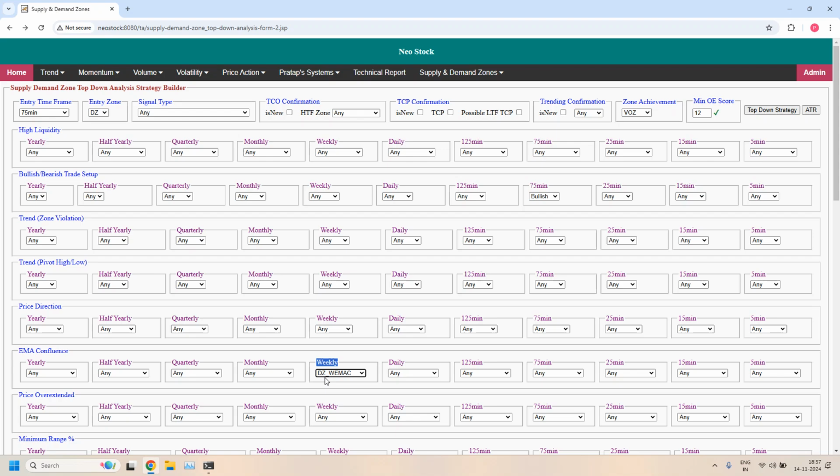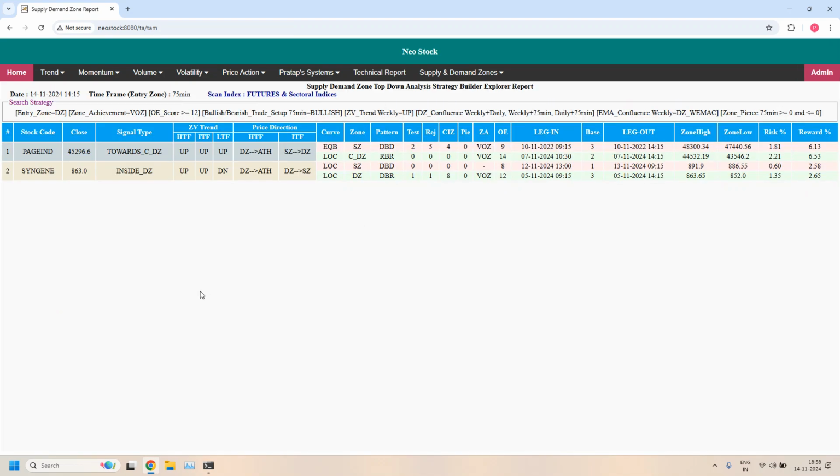And trend should not be sideways. Trend should be only uptrend in bullish trade setup. So that's why in trend zone violation, weekly time frame, I am selecting only uptrend, not sideways. We got both the stocks. Page Industries and Syngene, both are even more high probability trade setup supported stocks.